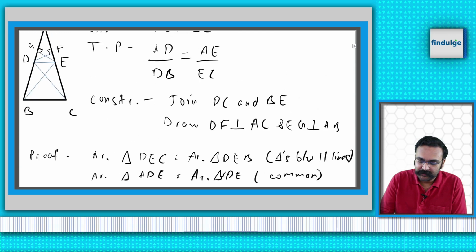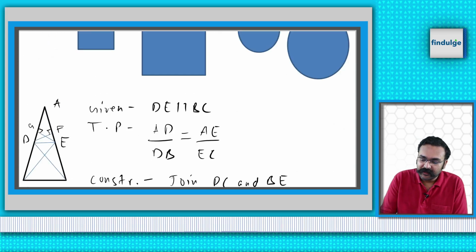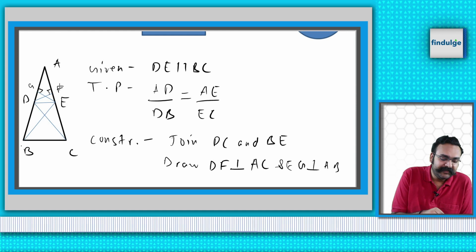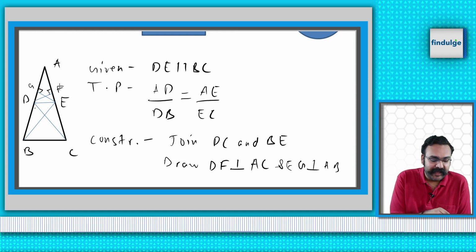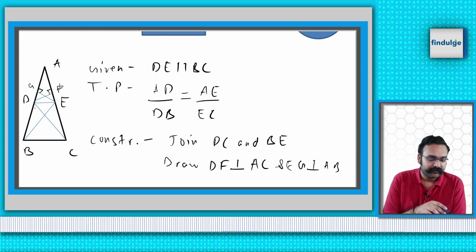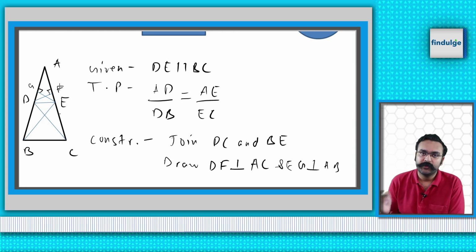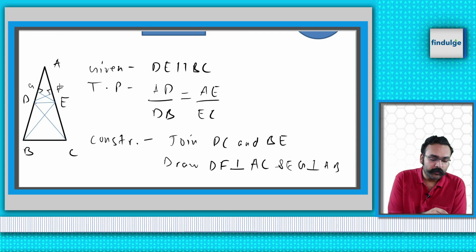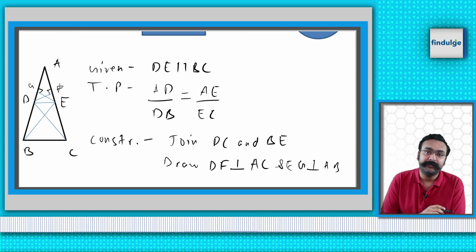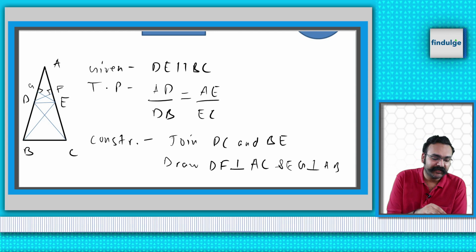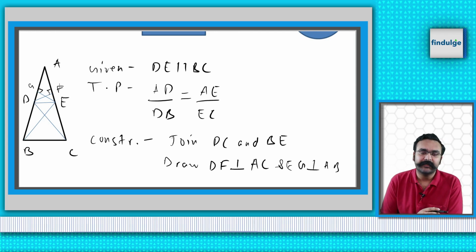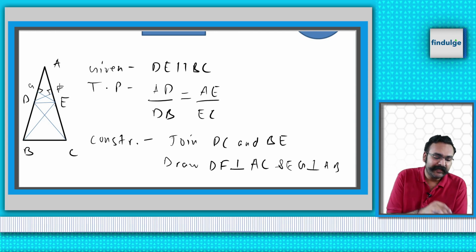Let's look at it very quickly. If I look at triangle DEB, the area of triangle DEB is equal to the area of triangle DEC, which we got earlier. Also, triangle DEB plus triangle ADE is nothing but triangle AEB.